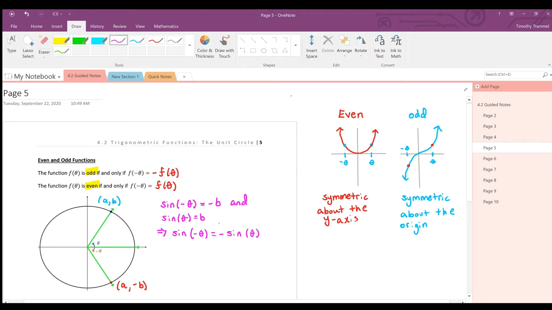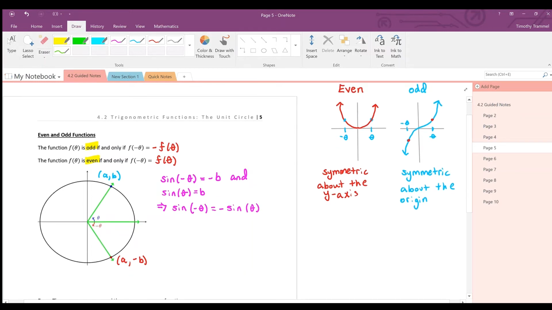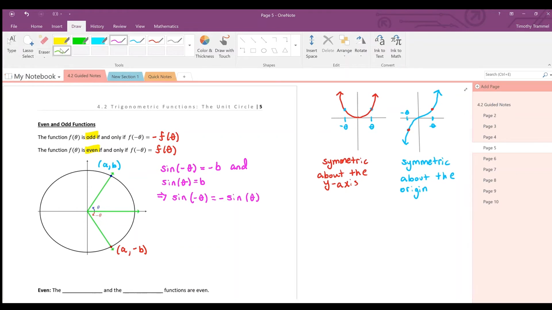Let's deal with cosine here now. If we were to look at, say, cosine of minus theta, we can see from our picture that cosine of minus theta is equal to a, and cosine of theta, based on our picture, is also equal to positive a.